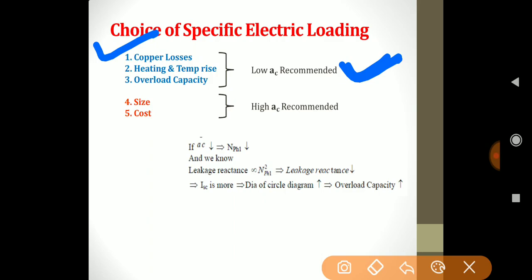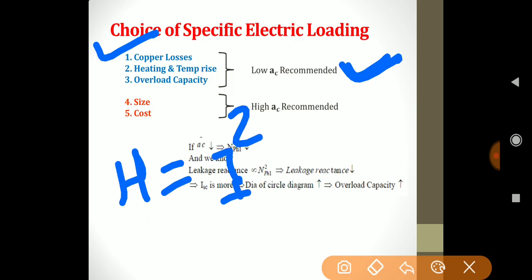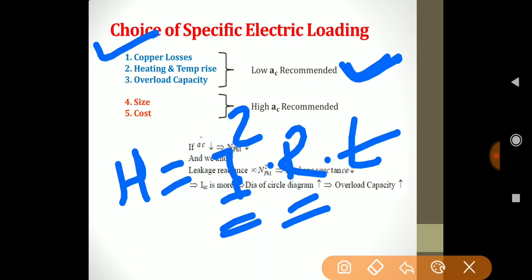Heating and temperature rise. Heat produced due to electric current is given simply by I square RT, where I is current, R is resistance, and T is time for which the current is flowing. So the heat produced or temperature is proportional to square of current.